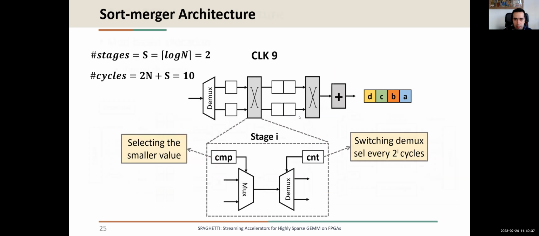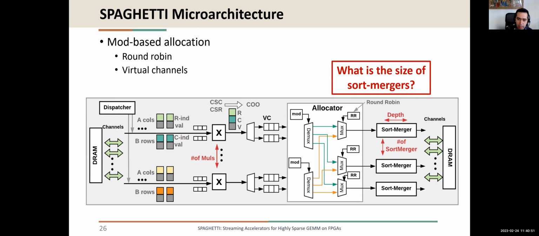In this slide, we saw that, for instance, if we have a sort unit of size 2, like 2 stages, we cannot sort arrays bigger than size 4. So we need to be careful about the values that we are sending to every sorter and merger.